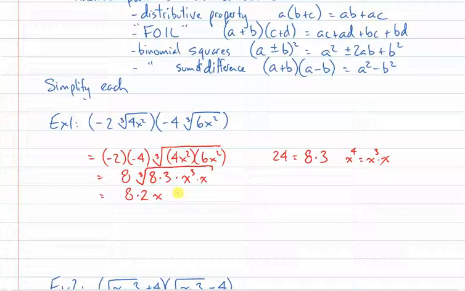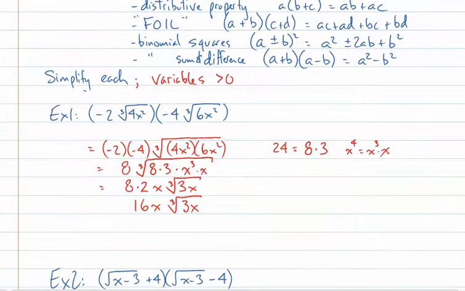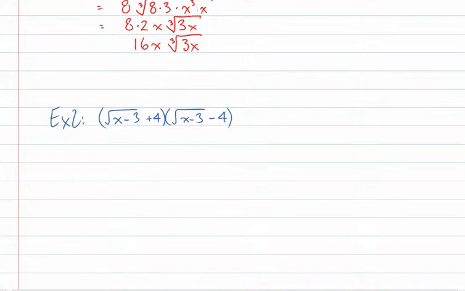I'm left with a 3 and an x inside the radical, and it's a cube root, so don't forget that. Lastly, I write 16x, cube root 3x. Oh, and I'm just going to add a comment here. Variables are positive. So we're not going to worry about the absolute value of x and all that discussion that's occurred in the past.